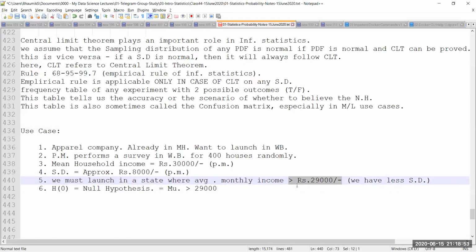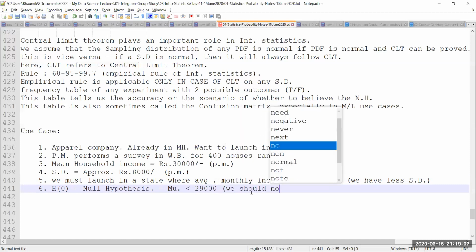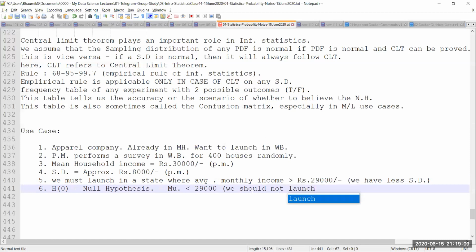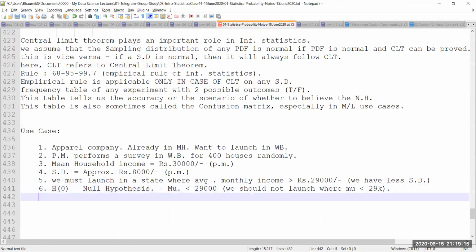So this should ideally have been the alternate hypothesis. The null hypothesis is going to be this. The status quo is the current situation. The null hypothesis is the status quo: we should not launch where mu is less than 29k. This is how you word the null hypothesis.